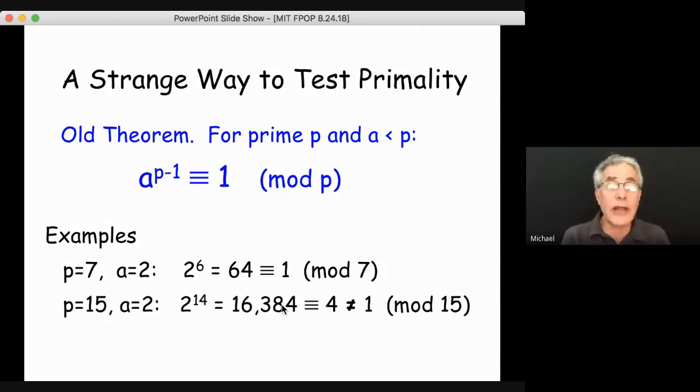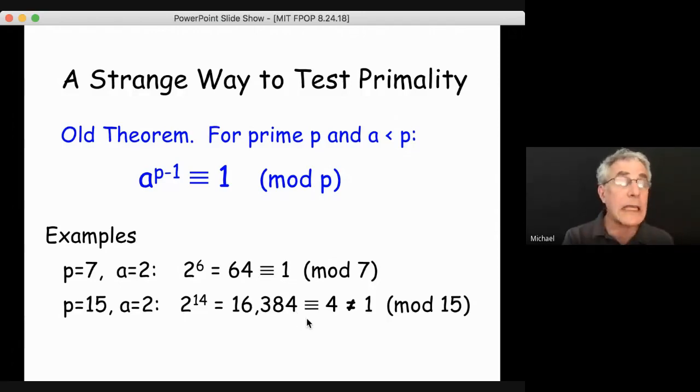Now, let's see what happens if you have a non-prime. Let's say the number 15. As we know, 15 is not a prime. Again, let's take A as 2. So now we're going to raise 2 to the 14th power. We get this number, 16,384, 2 to the 14th power.